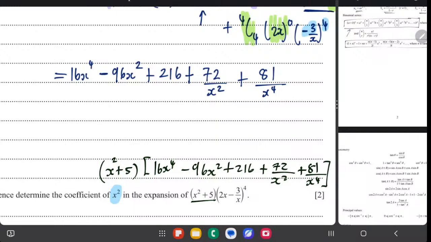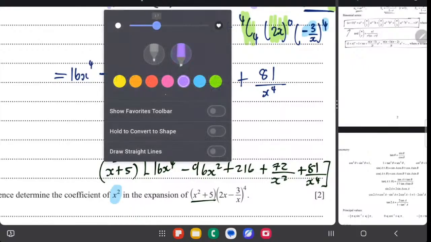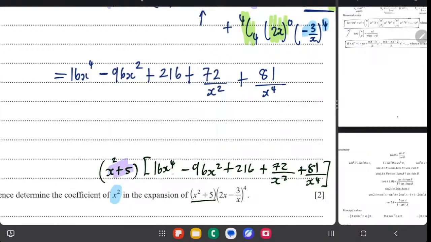Now, they think we don't know algebra, but obviously we know algebra. We know that when you're multiplying two brackets like this, it's everything in here multiplying everything in here, right? So x squared is going to multiply everything, right? And 5 will multiply everything, right?